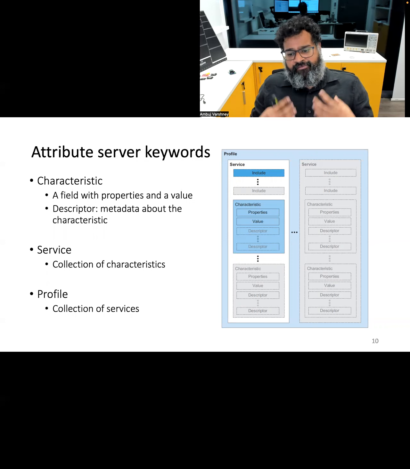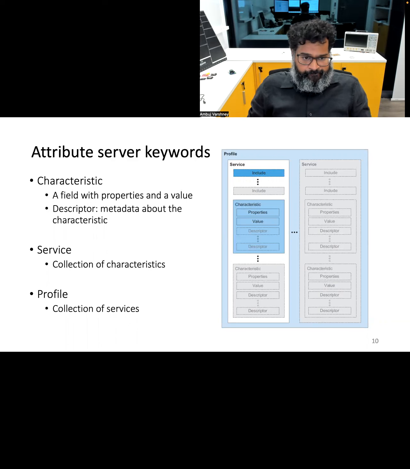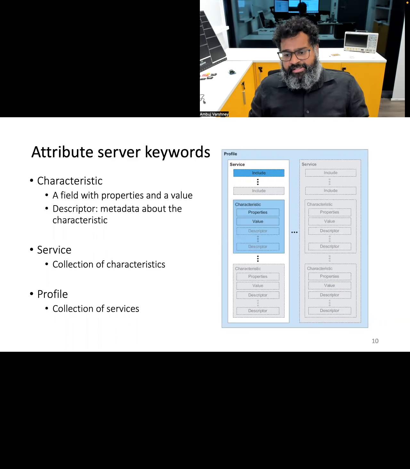Next, a service. A service is a collection of characteristics that are grouped together to fulfill a specific function or feature of a device. Services are identified by a unique UUID, which stands for Universal Unique Identifier. For instance, a heart rate service would contain characteristics for the heart rate measurement, sensor location, and control point. A characteristic is the smallest unit of data in GATT, and it represents a specific data item or value, such as a sensor reading or a device setting.